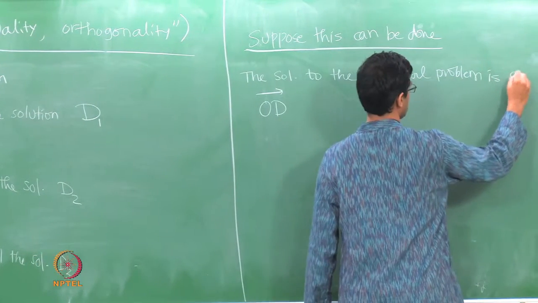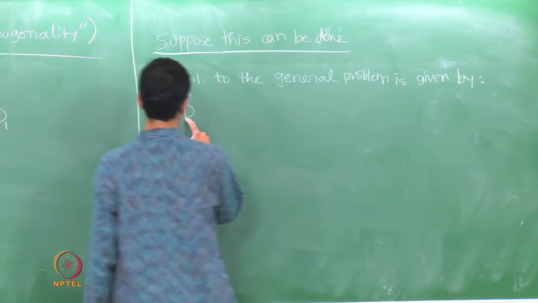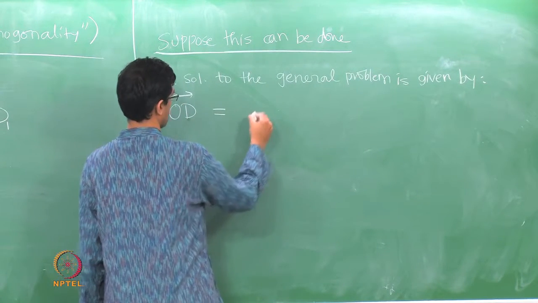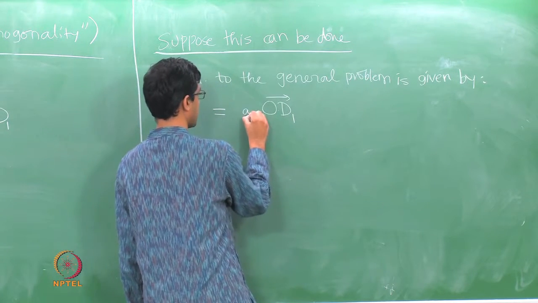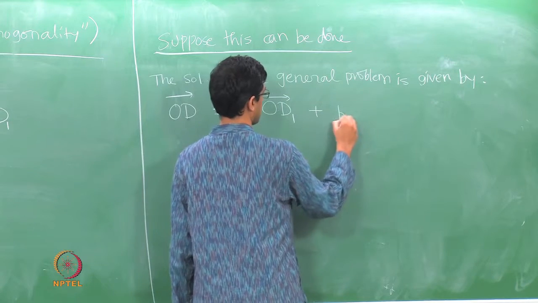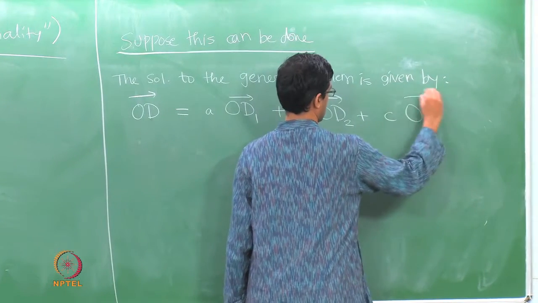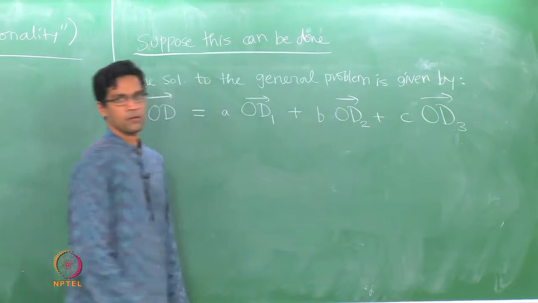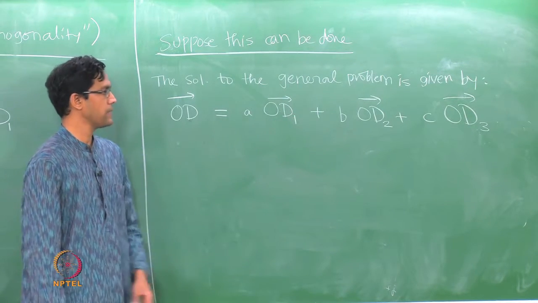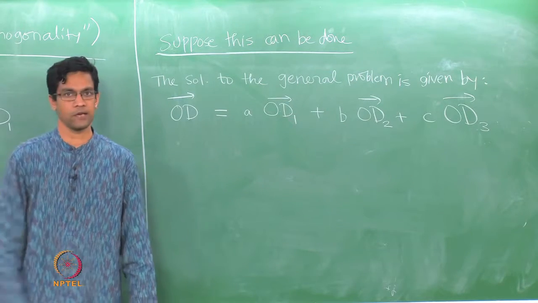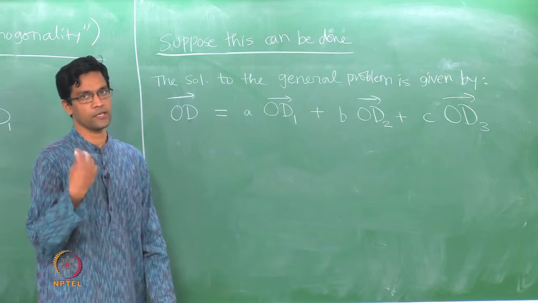You define the position vector OD, as you have 3 position vectors OD1, OD2 and OD3, as a linear combination: A times this plus B times that plus C times the other. Okay. So I have these 3 points D1, D2, D3, and here is the linear combination with A, B and C, which are the given 3 numbers. This linear combination we claim is going to be a solution to the general problem.